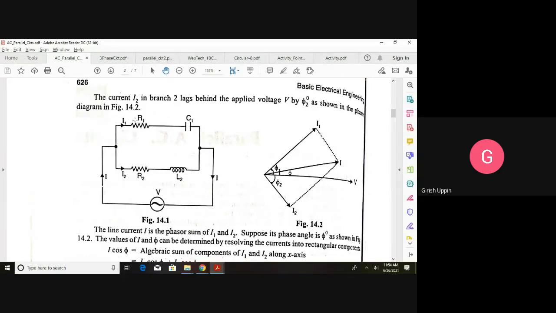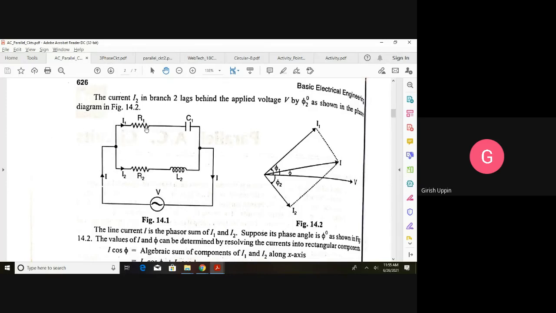In case of a parallel combination, if you remember the parallel circuit characteristics, this combination is in parallel with this combination, and across it we have applied a voltage. The applied voltage V across this combination is exactly the same as across this combination.